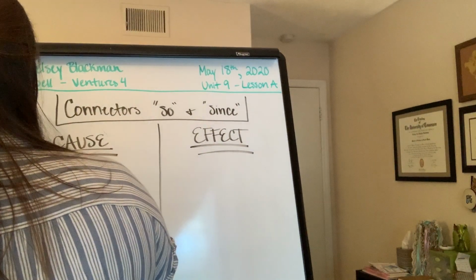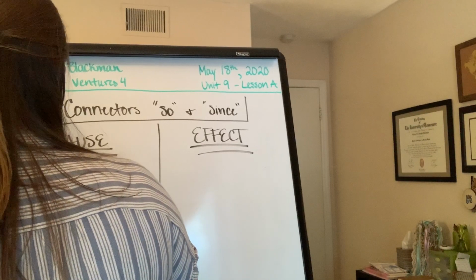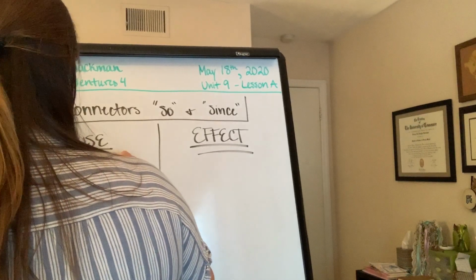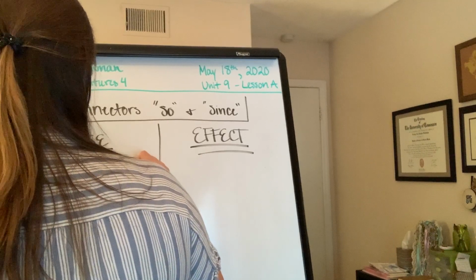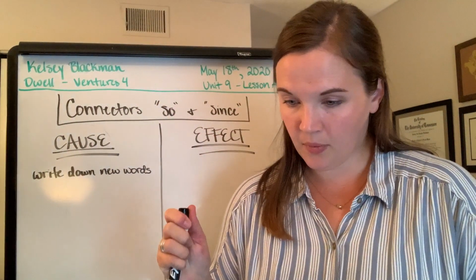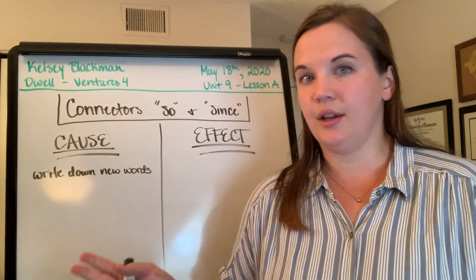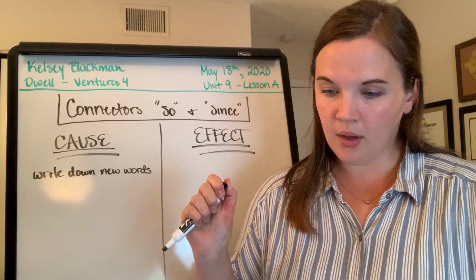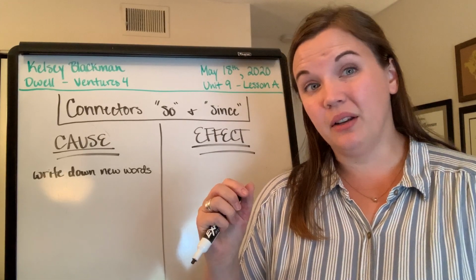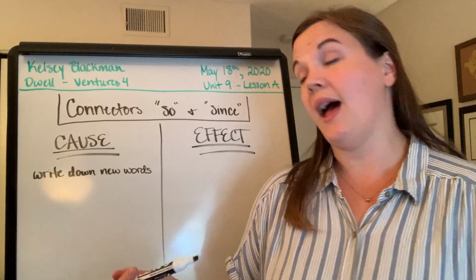So write down new words. Okay. What's another thing you can do? There are many things you can do. Another good one is only speak English in class.